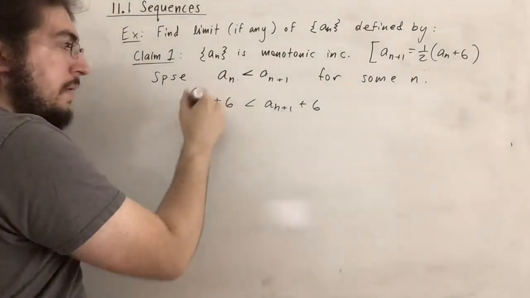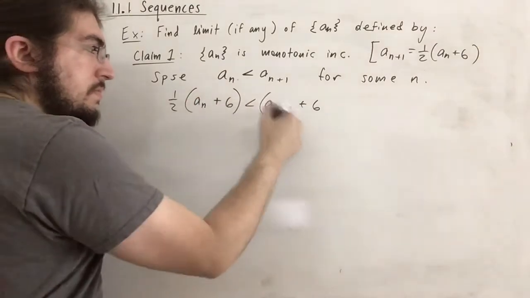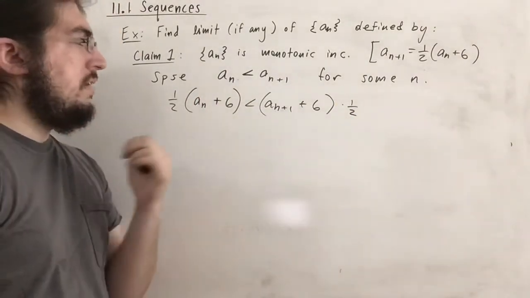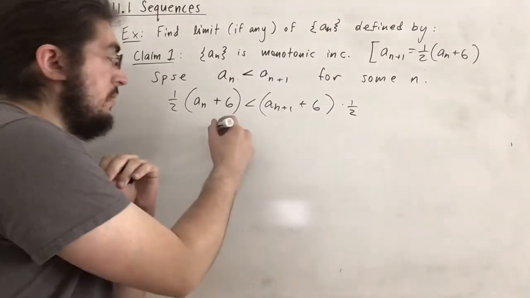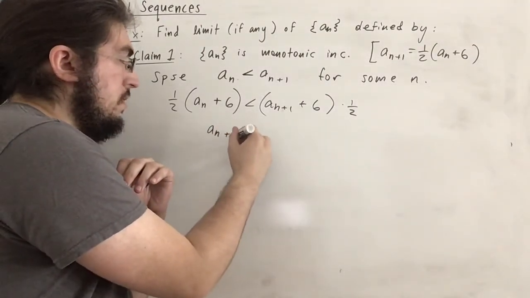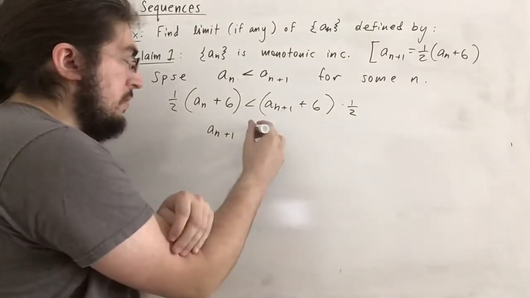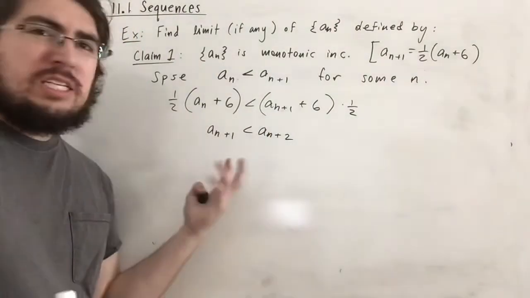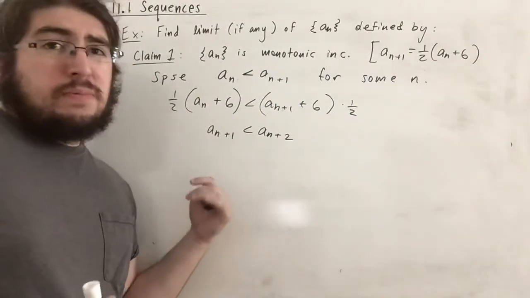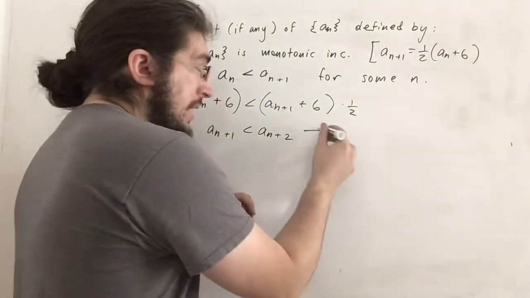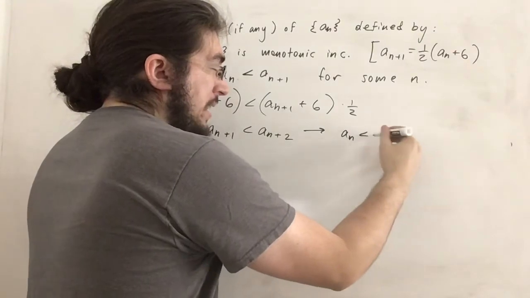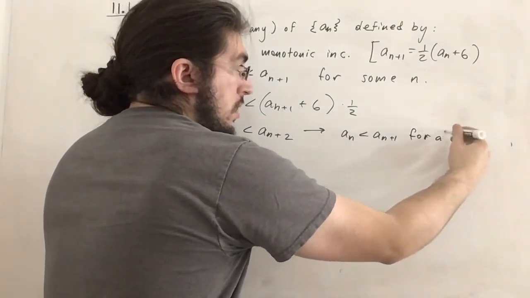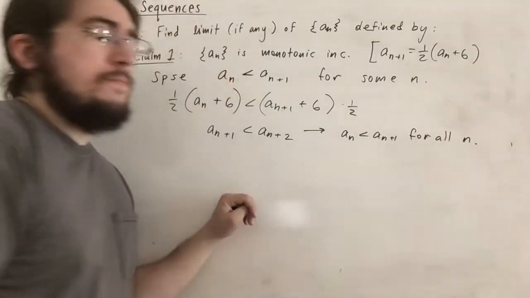And then if we multiply both sides by 1/2, well, first off, on this side we just get a sub n plus 1. And on this side, this is just a sub n plus 2. So I know it doesn't seem like we've really done too much here, but honestly, this actually implies that a sub n is less than a sub n plus 1 for all natural numbers n.